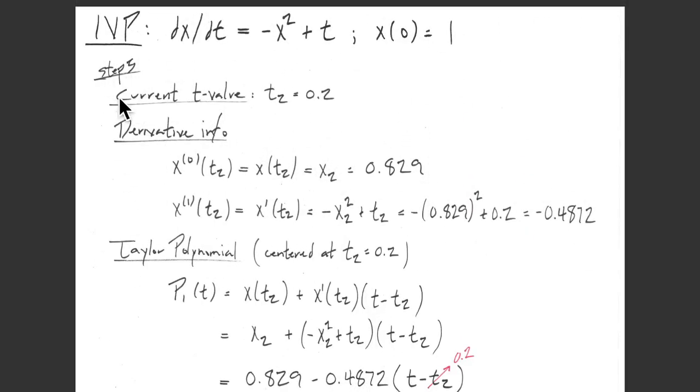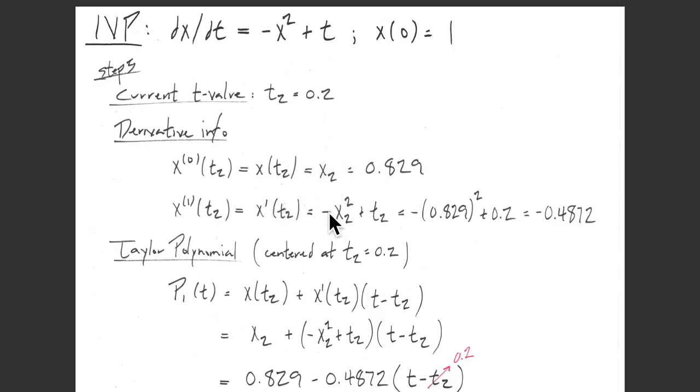Step 3, the current value is the one we had from our previous step. T2 is 0.2. Extract the derivative information. The zeroth derivative at time t2 is just our solution value that we found previously. That's 0.829. The first derivative at time t2, you're going to be using the differential equation along with the value you already have for time t2.